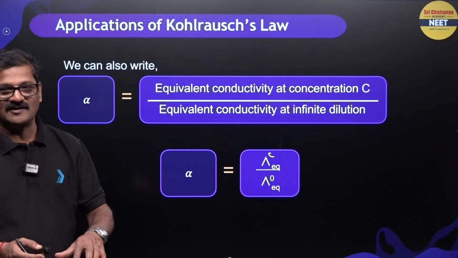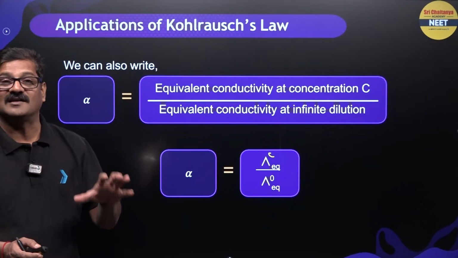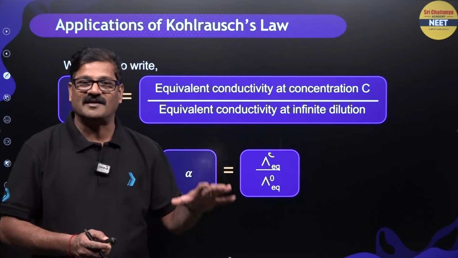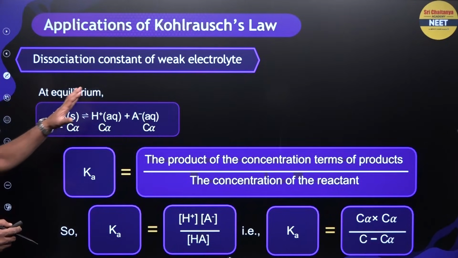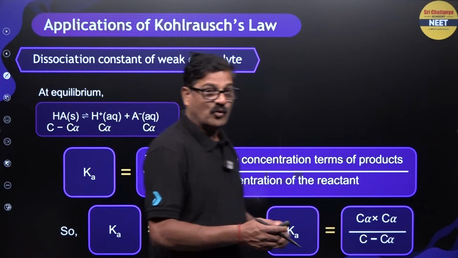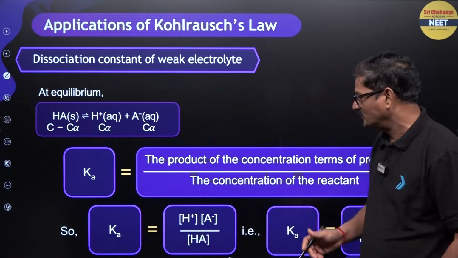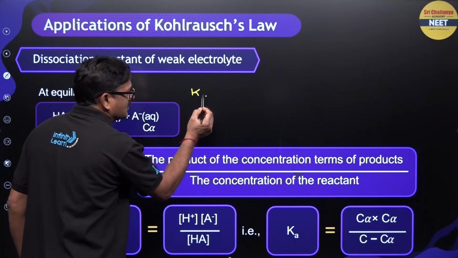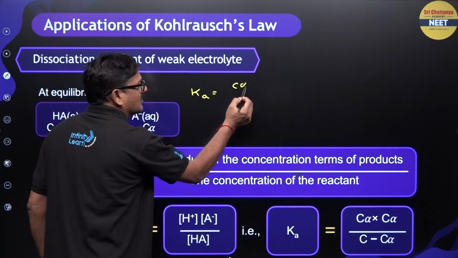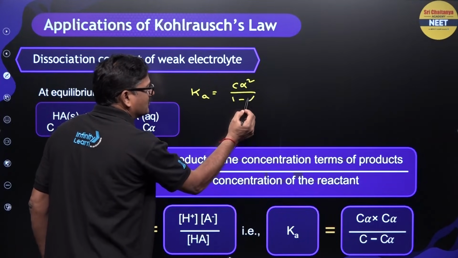To distinguish a weak electrolyte and a strong electrolyte, conductivity is the best experimental method, and you can also calculate the dissociation constant. Once you get alpha, the dissociation constant is C alpha square by 1 minus alpha.